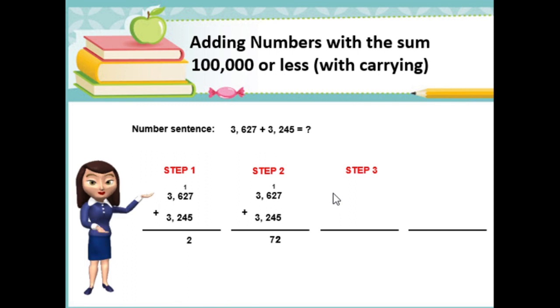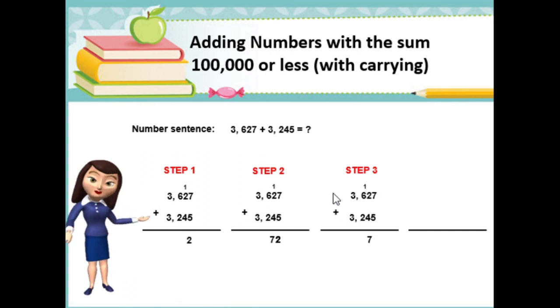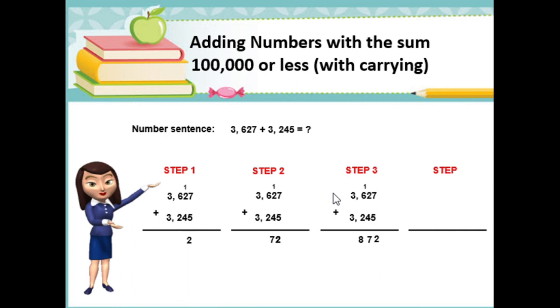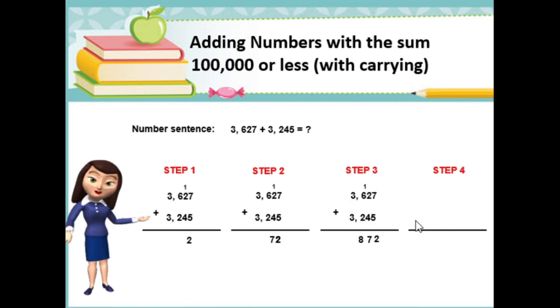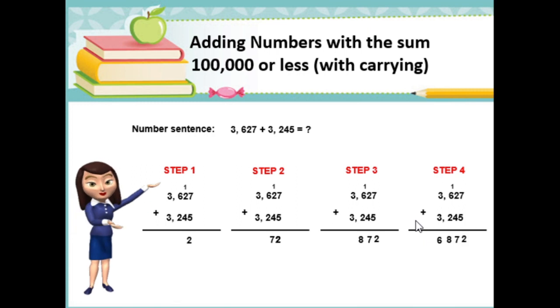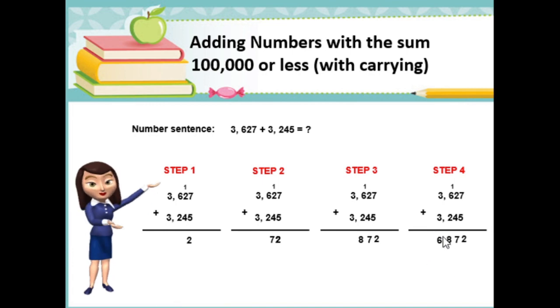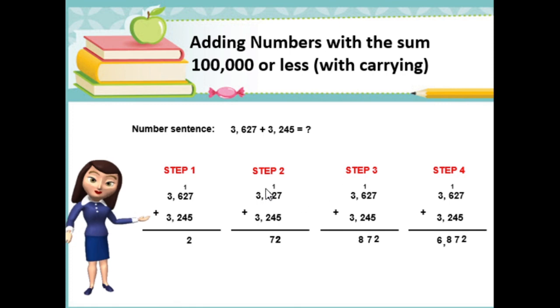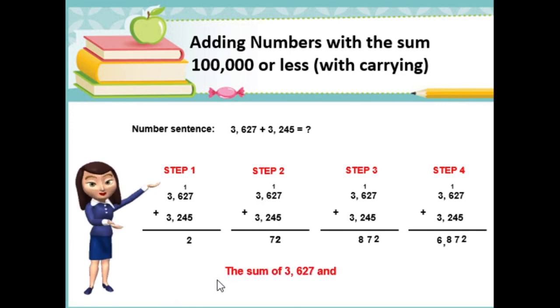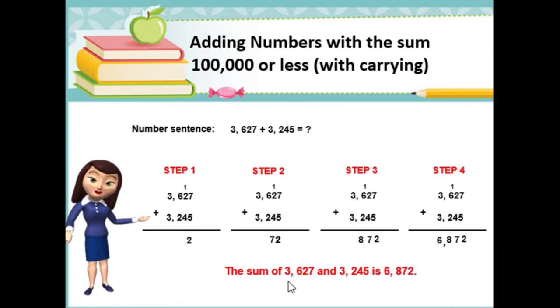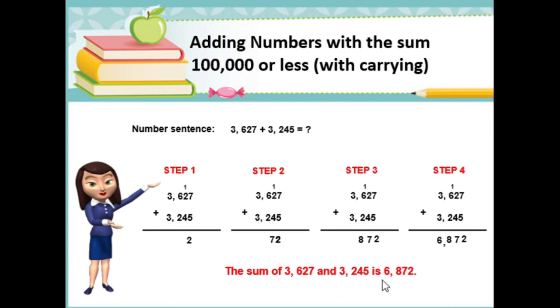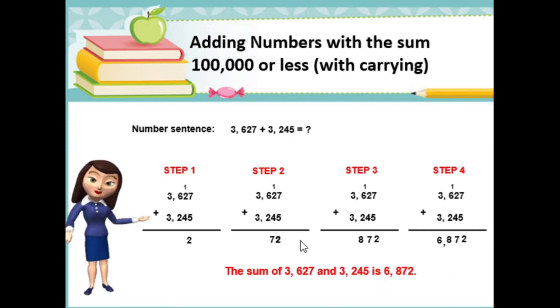Step 3, 8, and step 4, 6. So our final answer is 6,872. In this example, we used 1 carry. The sum of 3,627 and 3,245 is 6,872.